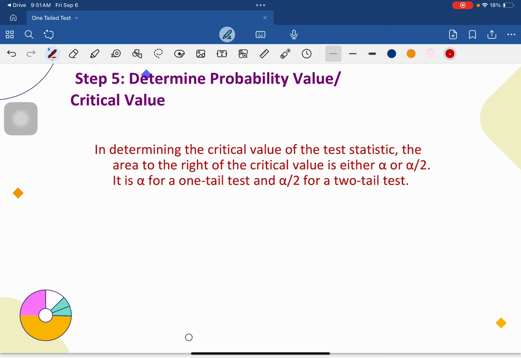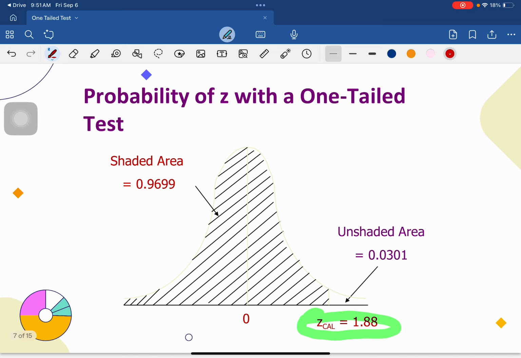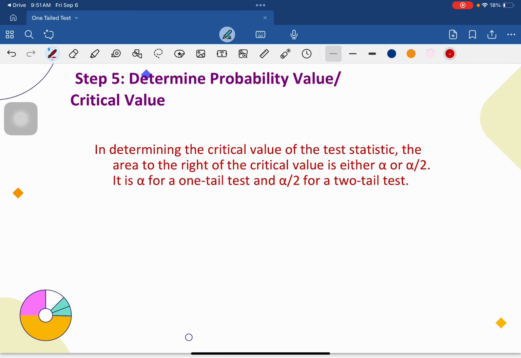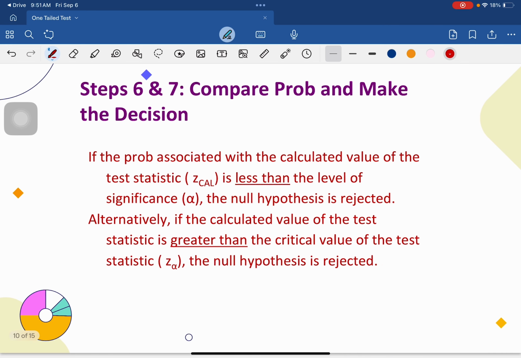In determining the critical value of the test statistic, the area to the right of the critical value is either alpha, as I've said a while ago, or alpha over 2 if it is a two-tailed test. In our case, we'll be using one tail, so we'll just be considering alpha. So only one direction, because the scores will just either increase or decrease.